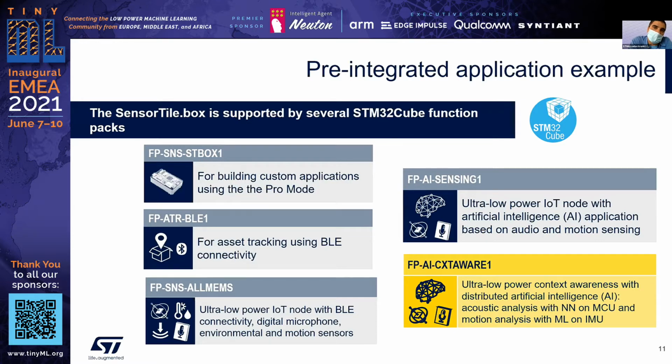And then we have also another AI function pack that uses the same AI algorithms that you can find in the context awareness function pack, so the audio scene classification and the human activity recognition. But in the AI sensing function pack, it's possible to use these two algorithms only in standalone mode. Instead, in the context awareness function pack, there is the possibility to run the two algorithms together in a combined mode.